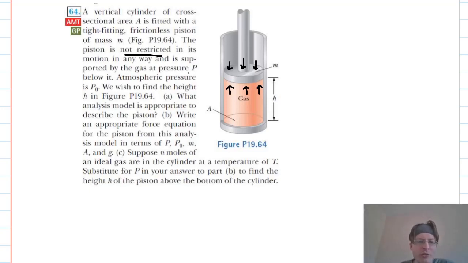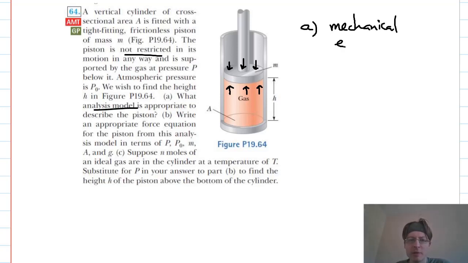So the first question is the analysis model to describe the piston. All they mean is, I realize that this thing is in mechanical equilibrium, a force balance situation. So that's how we'll model it, as a mechanical equilibrium. Write the force equation for the piston. Okay, again, the piston is in force equilibrium.